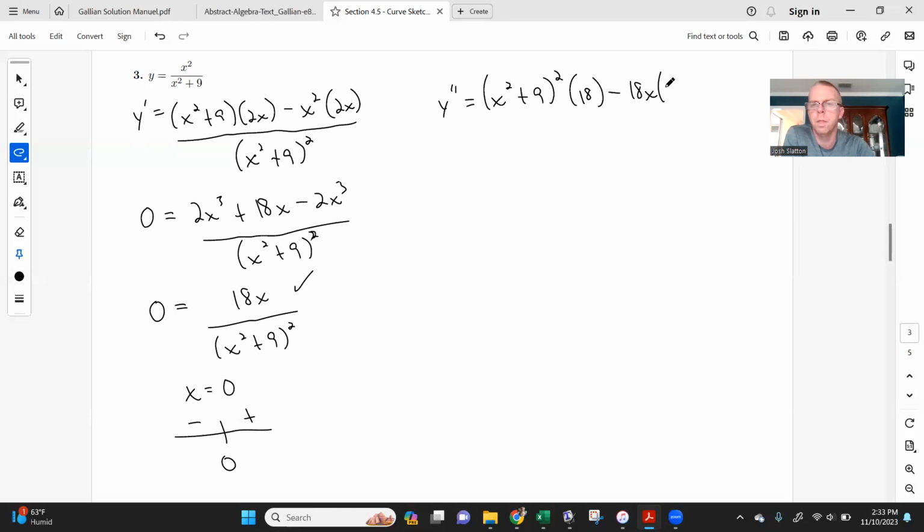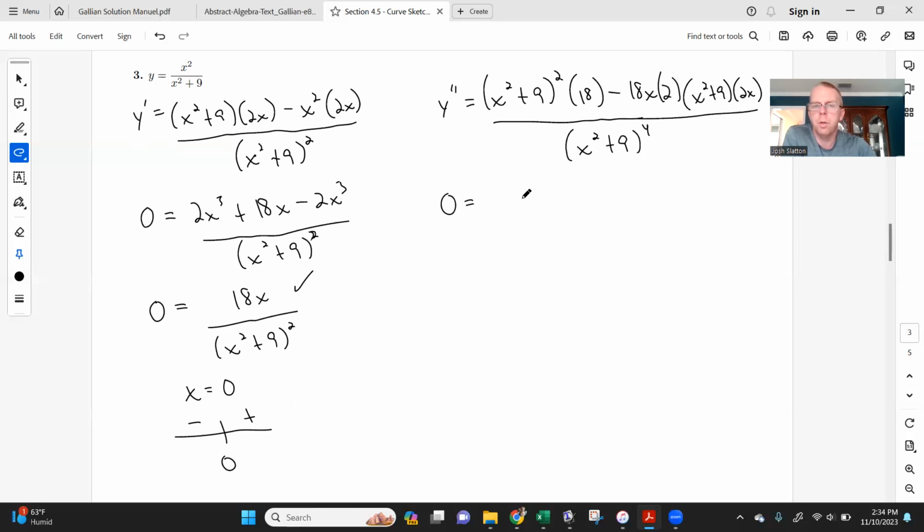We have a 2 times the x squared plus 9, subtract 1 from the exponent, so that's just 1 now, and then times the derivative of what is in there, so times 2x. And then that is all over the bottom squared, so now it is x squared plus 9 to the 4th.